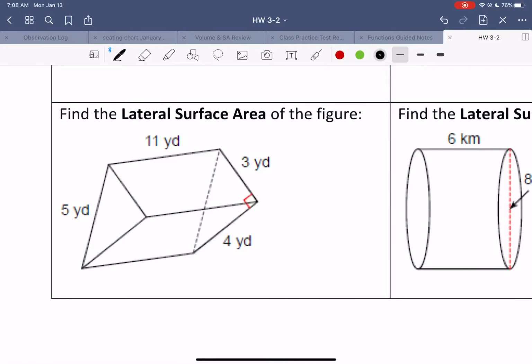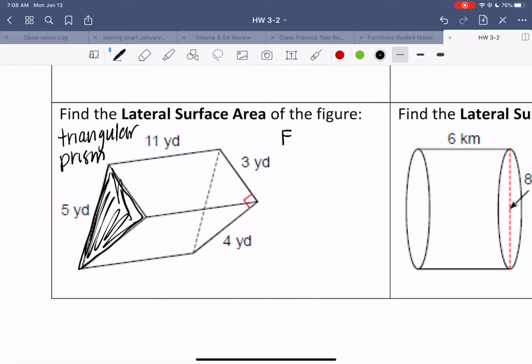All right, we have another triangular prism. And this time we have a special right triangle, but our formula is going to remain the same. Surface area equals the perimeter of the base times the height. So we're going to need to redraw our base, which is a right triangle, and the hypotenuse is going to be 5 and 3 and 4.